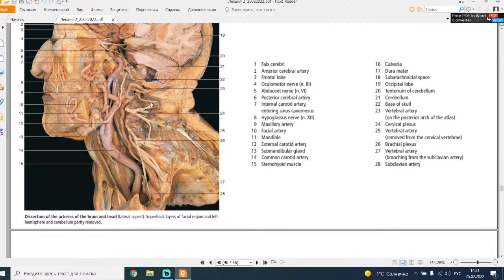You see, this is the arteria carotis communis.